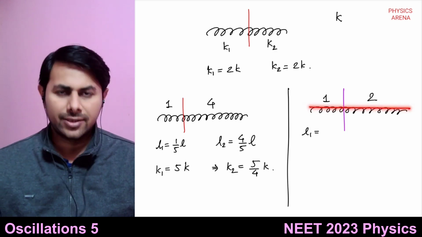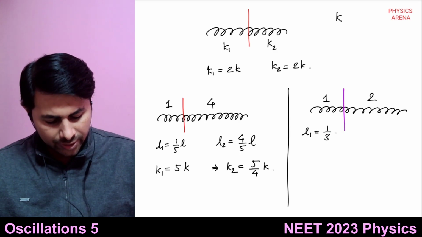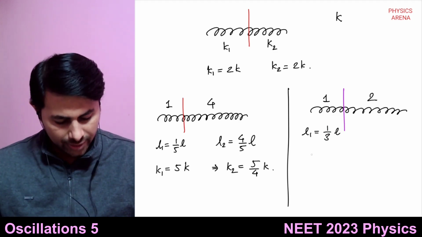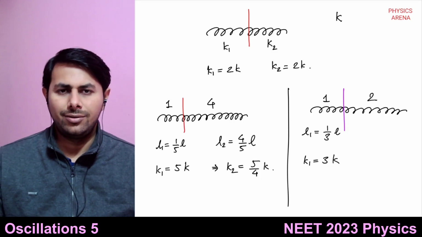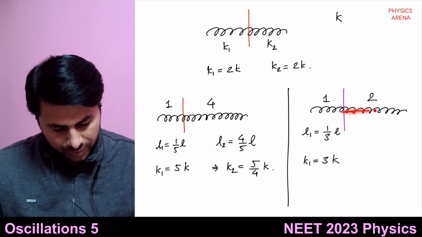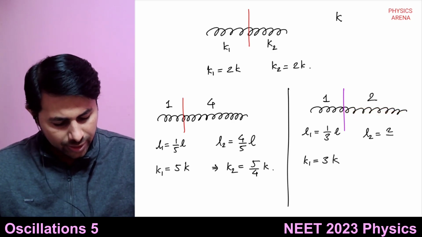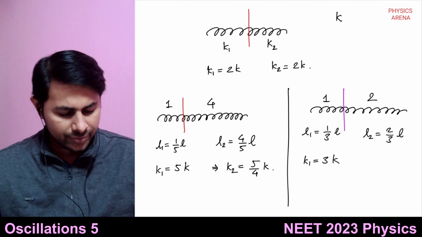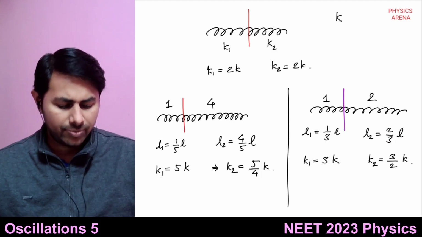These are three parts. Okay. So it is 1/3 of L. Therefore, K1 equals 3 times K. Okay. And this is 2/3. L2 equals 2/3 of L, and therefore K2 equals what? 3 by 2 times K.